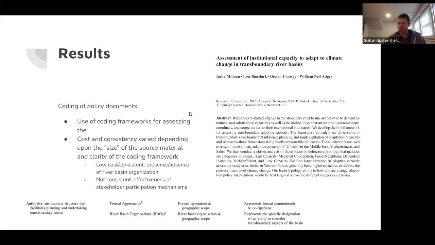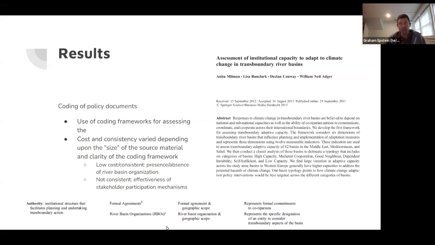So formal agreements are particularly commonly used in this. And this is an example that Anita Millman had for assessing institutional capacity in transboundary river basins. And one of her examples was simply measuring whether a river basin organization exists, to measure whether there was strong authority features within the river basin organization.